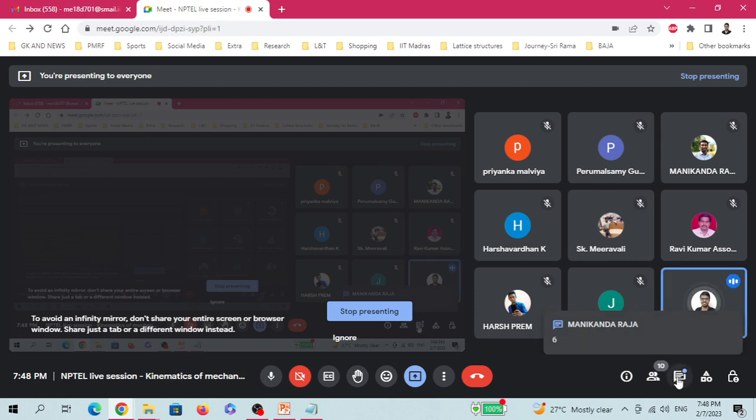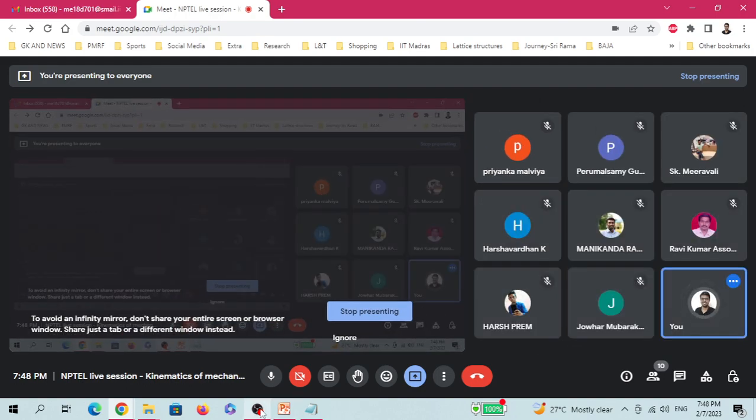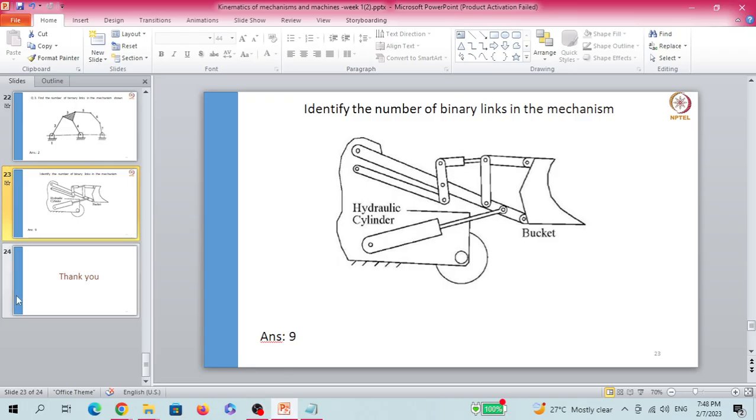Okay. We have two more answers, 7 and 6. Do you need some more time to try, or shall I draw the kinematic chain and show you?